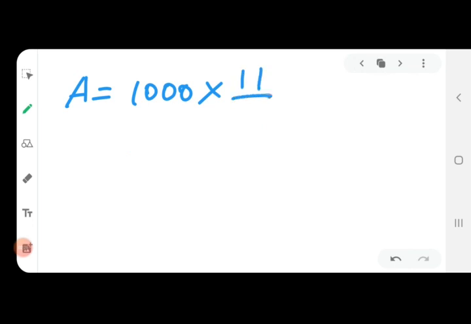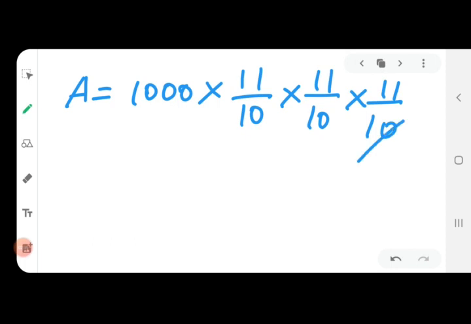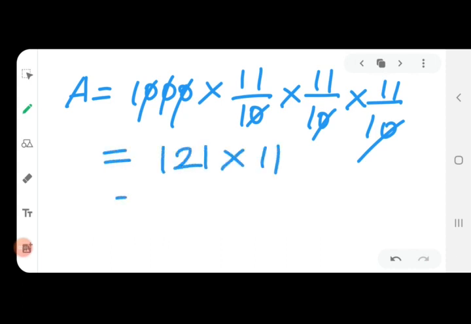So 11 by 10 into 11 by 10 into 11 by 10. Clear? Now 0 cancel, this 0 cancel, and this one will be cancelled. So what is 11 into 11? 121 into 11, 1331. What is our amount? A equal to 1331.